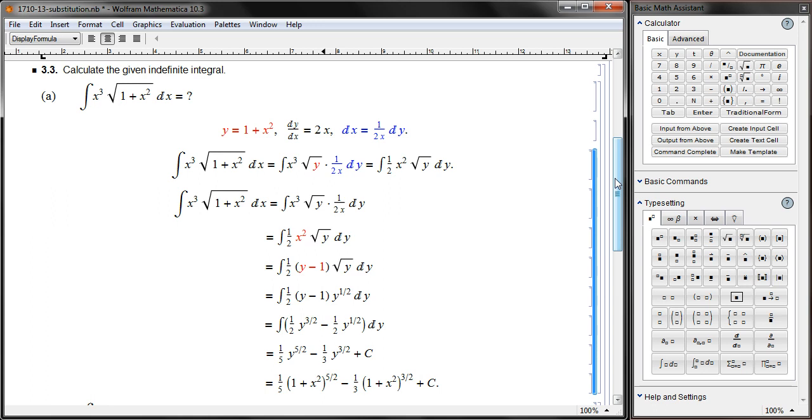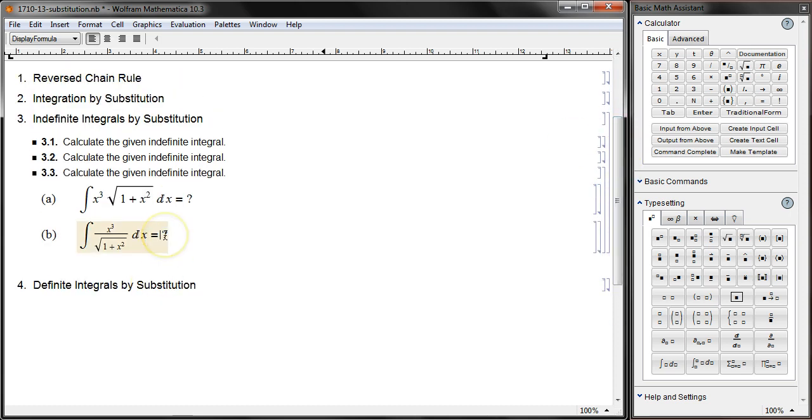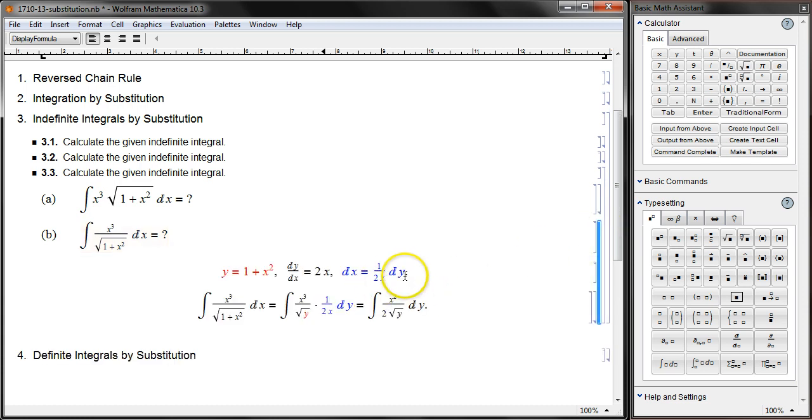Do we have enough time for another problem like this? Maybe not, so let me save some time. Let's work out this problem, and the idea is pretty much the same as well. This x cubed will turn out to be x squared times x. You see? Inside is y, and then the derivative, and then differential computation.